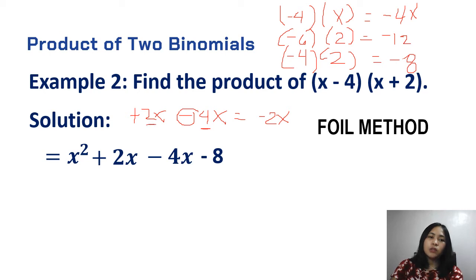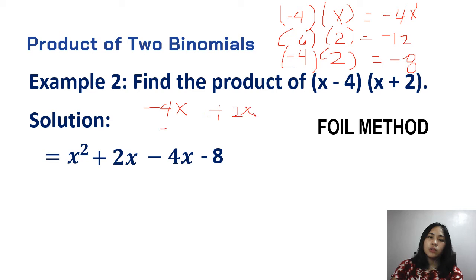Pero, kung kanina siya 4 positive, and si 2 negative, atong i-follow nga sign kay positive. But in this example, ang dako man nga number or greatest absolute value is si 4. That's why we use the negative sign. So, balik ta, negative 4x plus 2x.